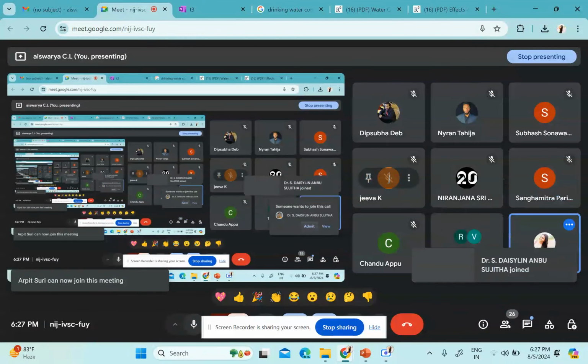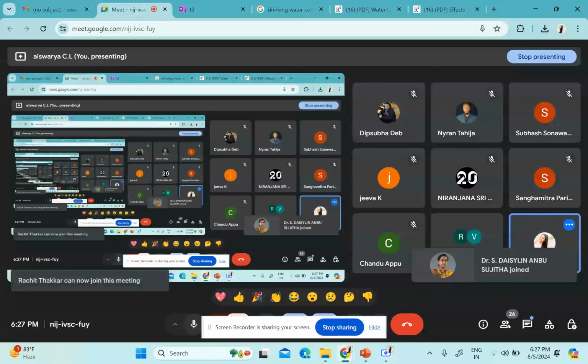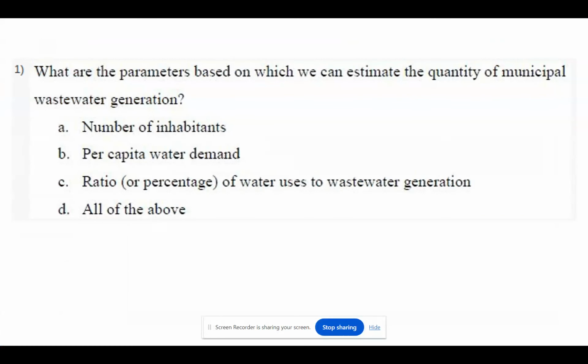Then, going back to the first question, now we see what parameters we can use to estimate the quantity of municipal wastewater generation. The answer was all of the above. Number of inhabitants is the number of people living in a specific locality.